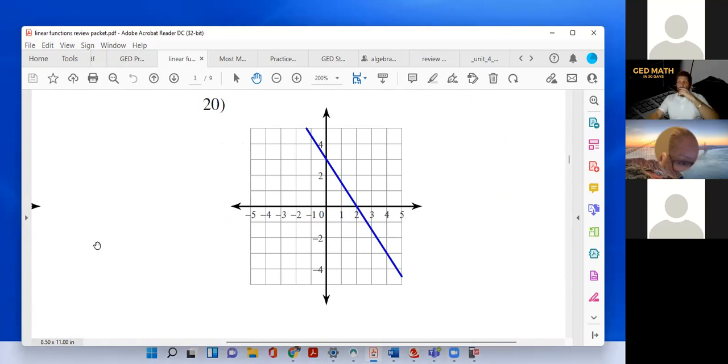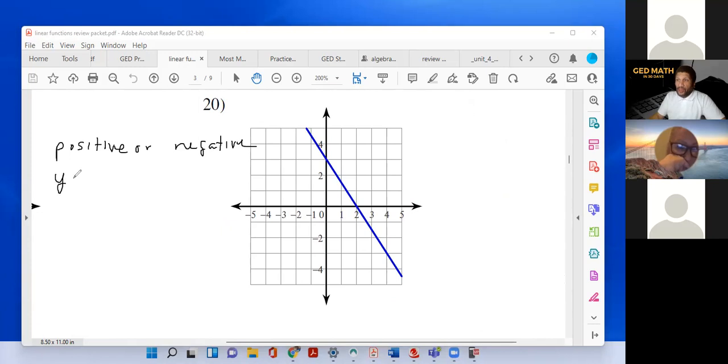Okay, now, I'm gonna change it. First of all, I want to know if the slope of this line is positive or negative. I want to know the y-intercept. I want to know the slope.